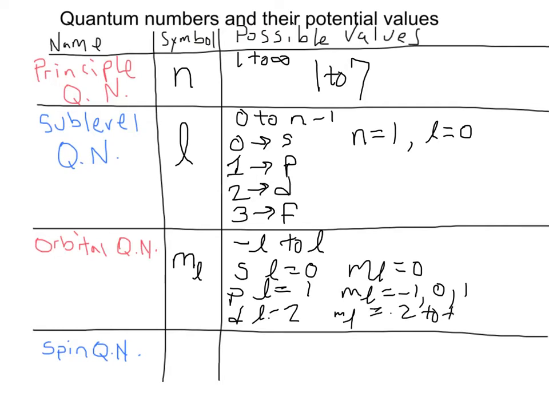If you remember from page 32, there were 5 different d orbitals. And then lastly, for f, l equals 3, and m sub l would be negative 3 to 3, which would give us 7 orbitals. So this tells us how many orbitals there are associated with each sublevel, which matches what we already told you in the last lesson.